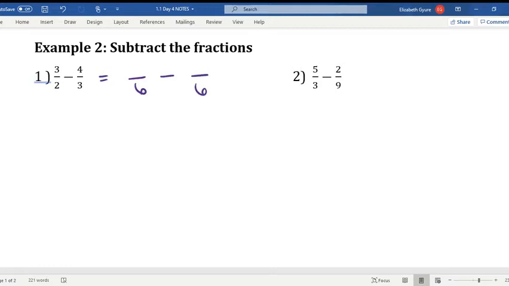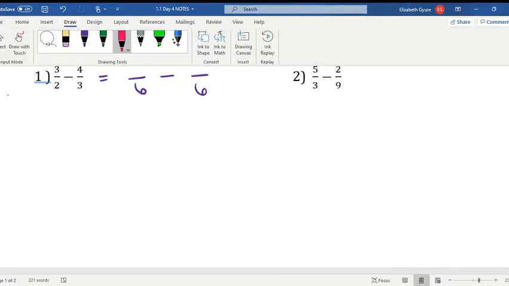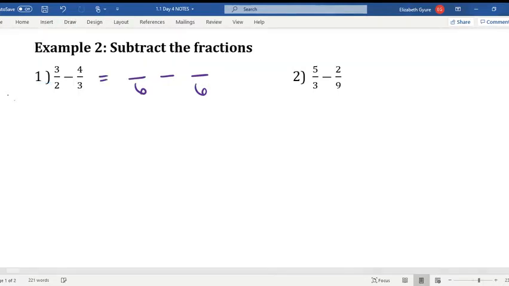Bailey, what did we have to multiply the 2 by to turn it into a 6? The 3, right? So what do we also have to multiply the top by? Yeah, same amount. And 3 times 3 is? 9. So our first fraction became 9/6.